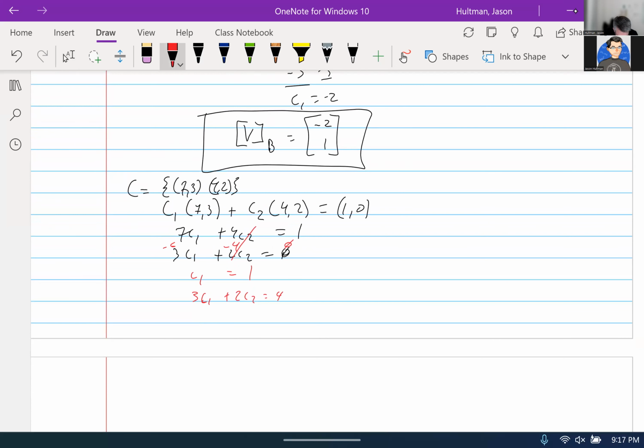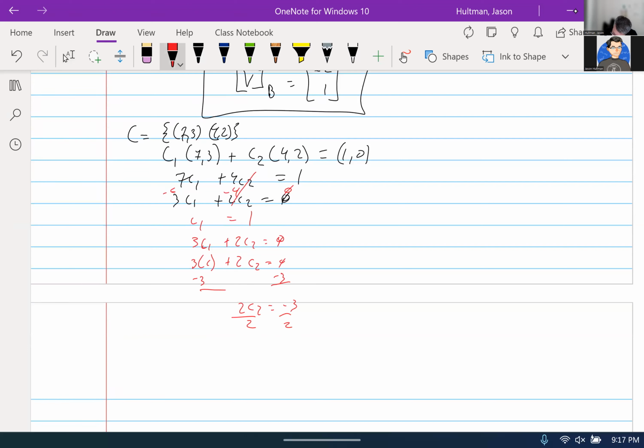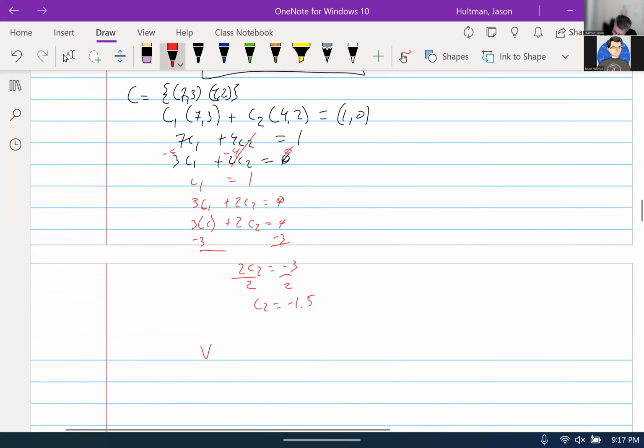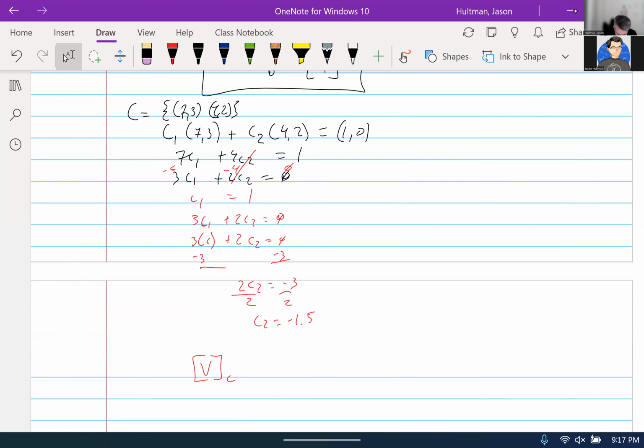So 3 times 1 plus 2C2 is equal to 0. Subtract 3, we get 2C2 is equal to -3. Divide by 2, and we get C2 is equal to -1.5. So V of C is going to be equal to [1, -1.5].